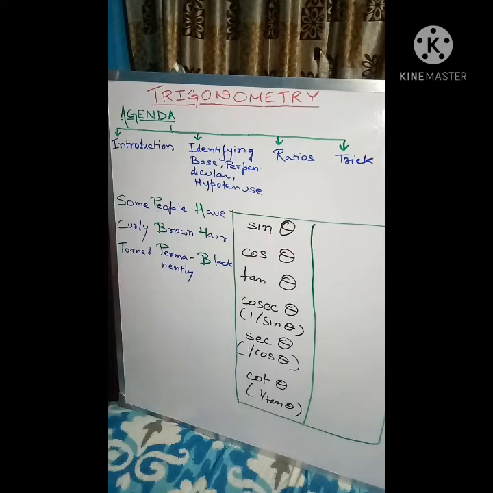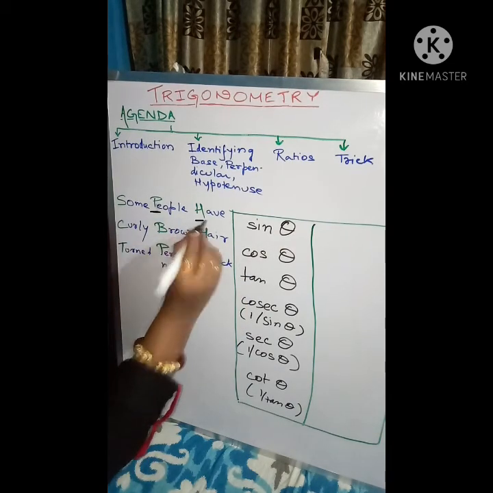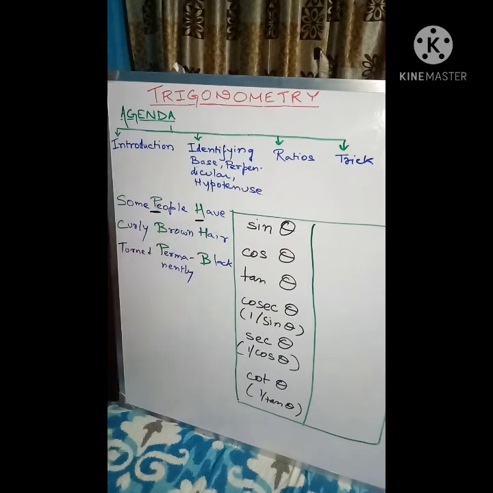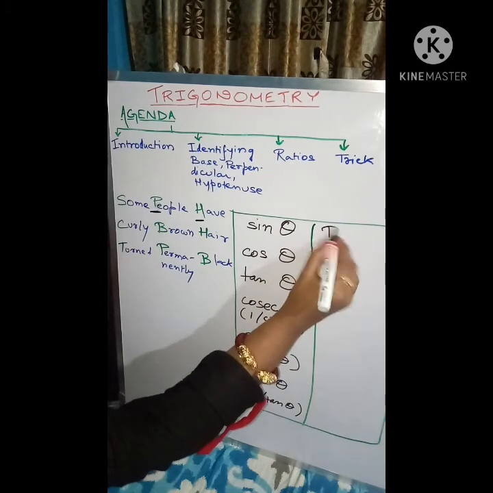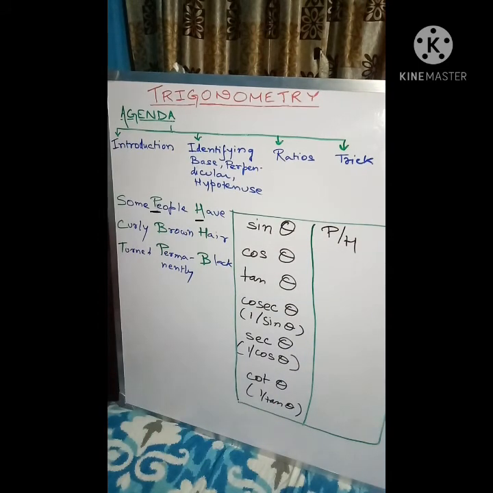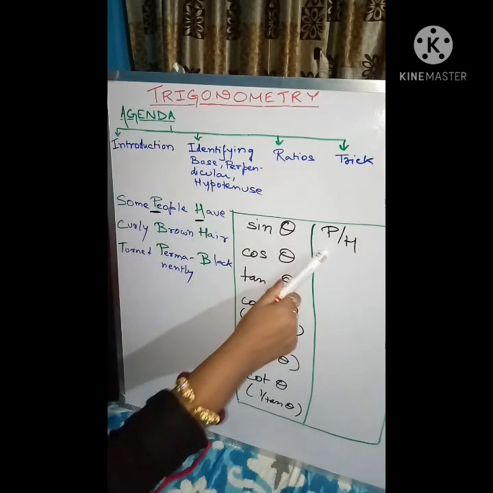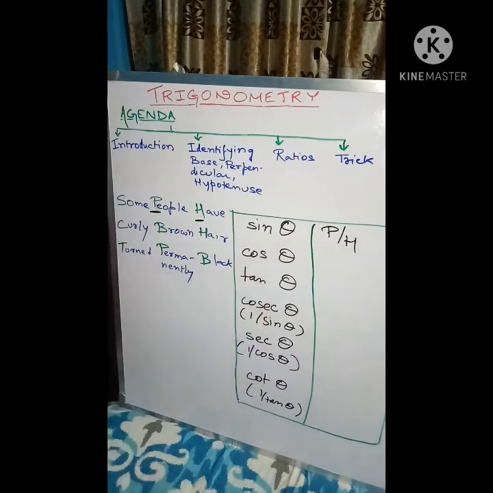Now see from here how you will find sin theta. S for sin, S for some. So sin theta will be P by H, that is people by have, that is perpendicular by hypotenuse. Let me repeat once more. S for sin theta, P for perpendicular, H for hypotenuse.